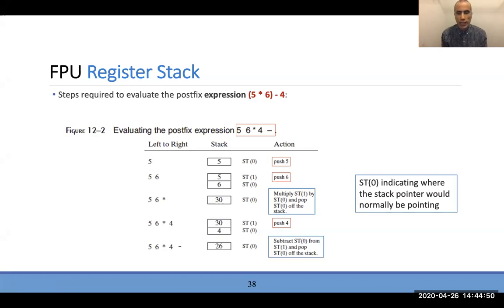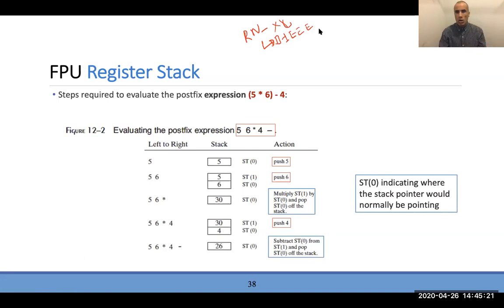So we start covering the floating point unit in the microprocessor. Just to remind you what we covered in the last class, we learned how to represent real numbers using the x86 system. We learned the big picture of how to convert and store a binary number using the IEEE system, and I hope that was very clear in your mind.